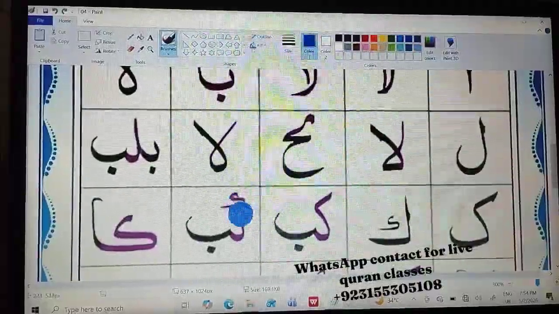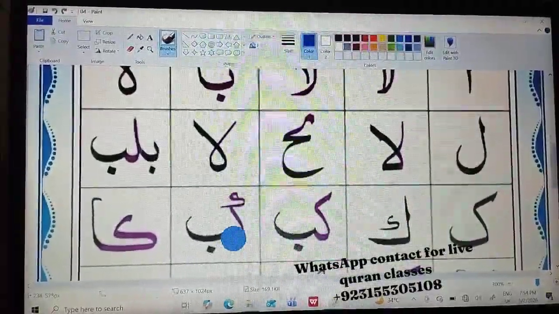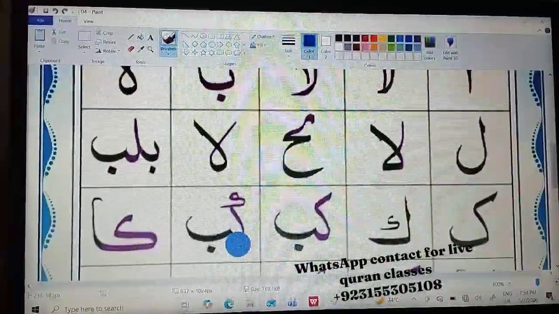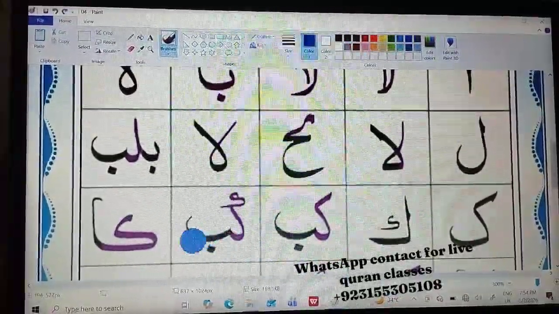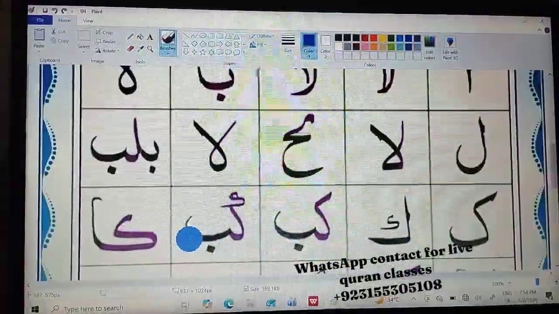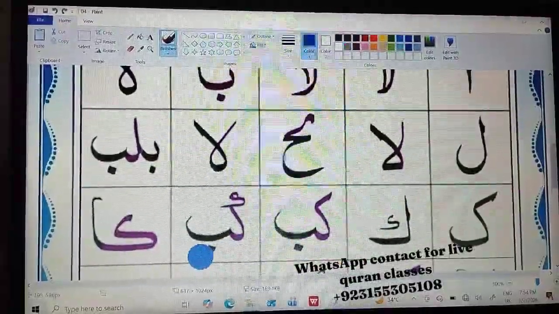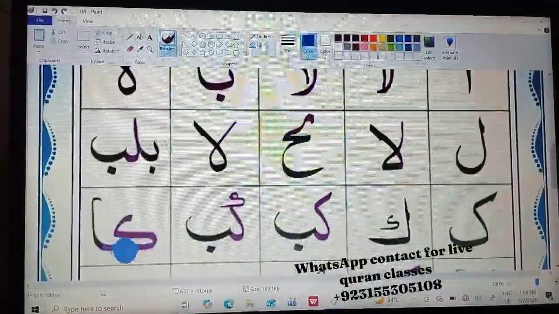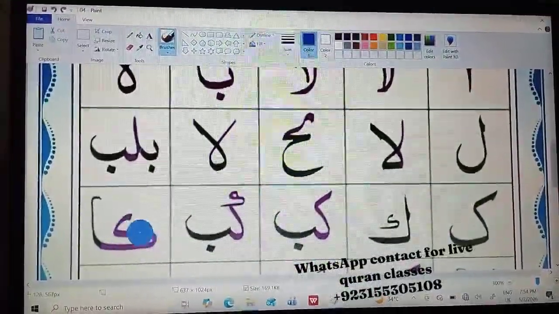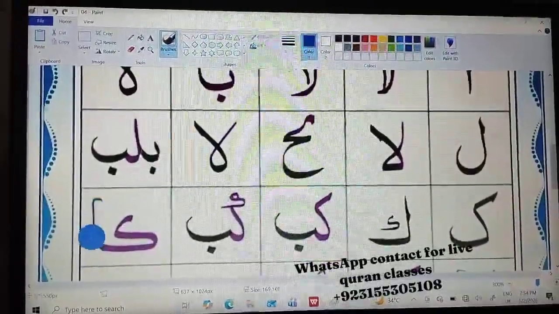Here the first one, the red color, is Kaaf written in half shape, and the black color is Ba. And here this one is Kaaf, the red color, and the black one is Alif.